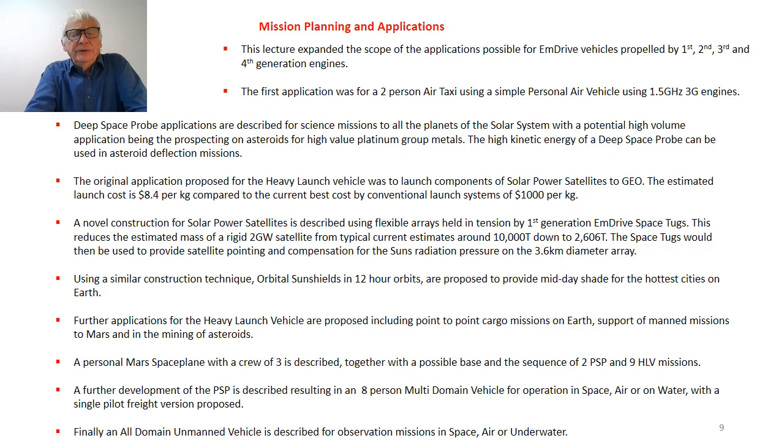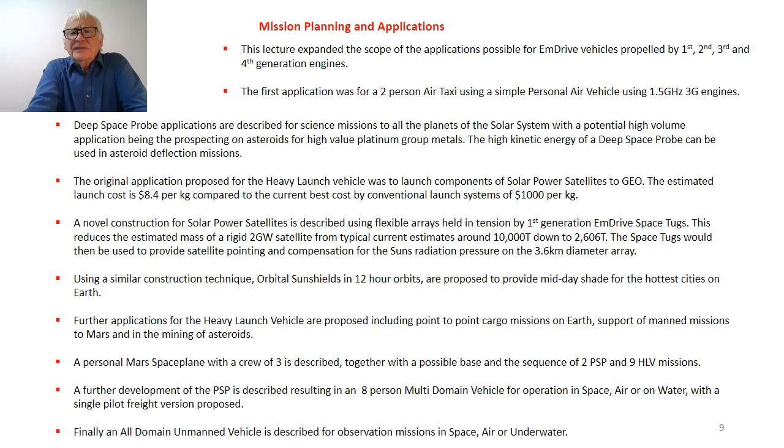In addition, if we're looking at solar power satellites, you can get a good mass reduction by essentially building the satellites using flexible arrays, which are held in tension by first generation space tugs. This reduces the estimated mass of a rigid 2 gigawatt satellite from currently estimated around 10,000 tons down to 2,606 tons.